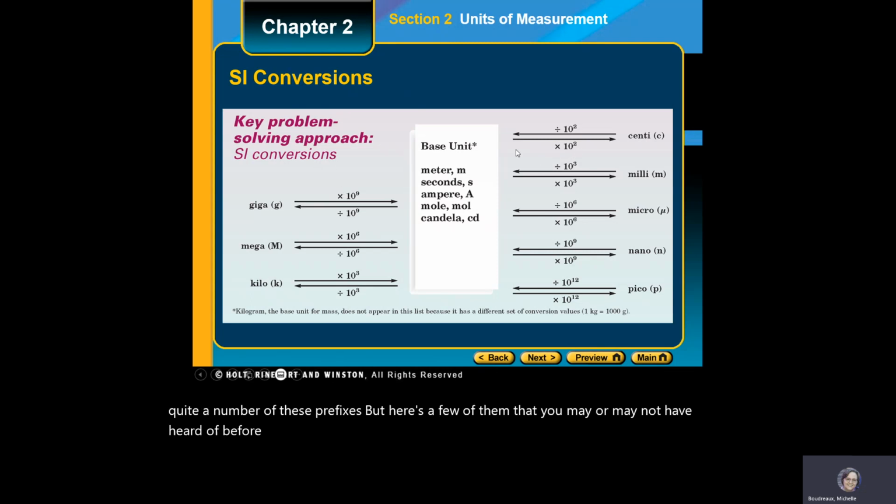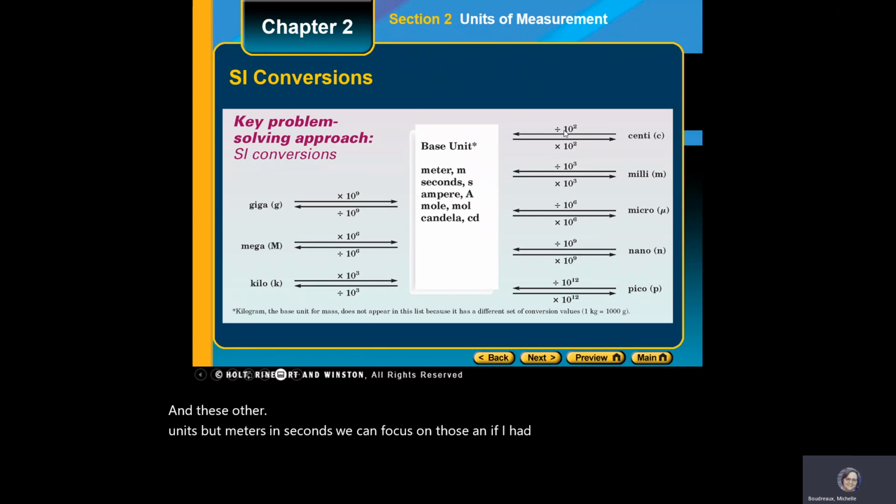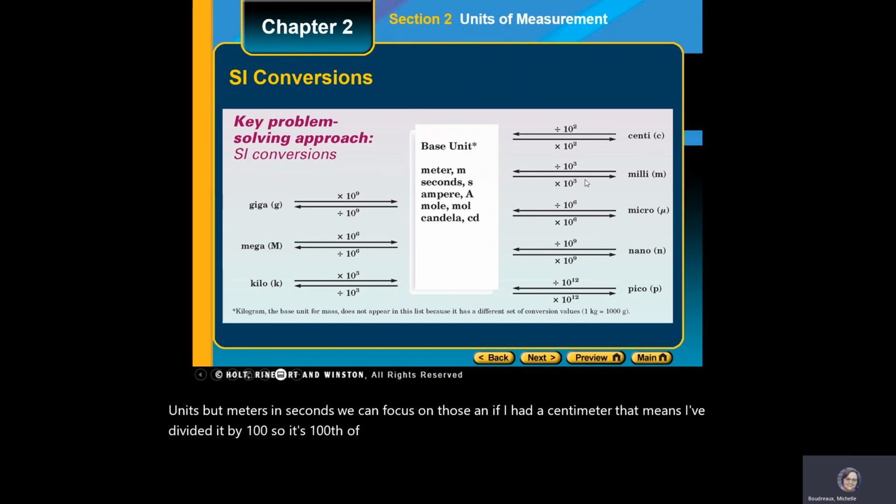We just talked about the units of meters, seconds, and these other units, but meters and seconds, we can focus on those. If I had a centimeter, that means I divided it by 100, so it's 1/100th of a meter. If I had a milliliter, as we spoke about, that means I've divided it by 1,000, so milli means 1,000th.